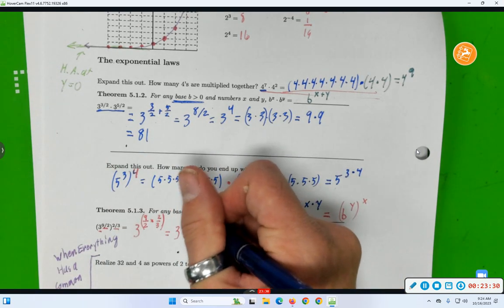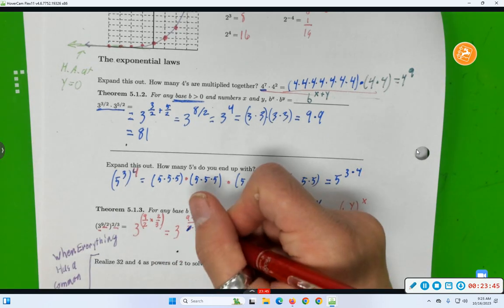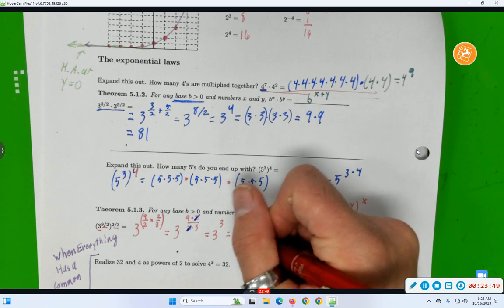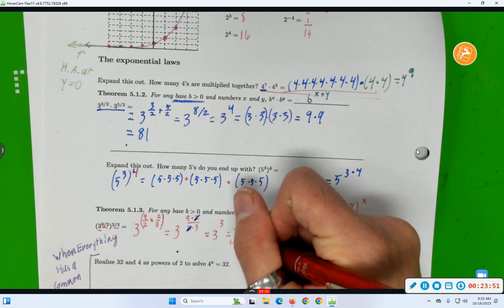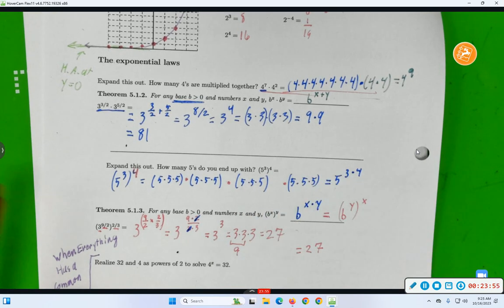The 2s cancel. 9 and 3, do those have any common factors? What is 9 divided by 3? 3. So that's the same as 3 to the 3. Let's see, 3 times 3 is 9, 9 times 3 is 27.